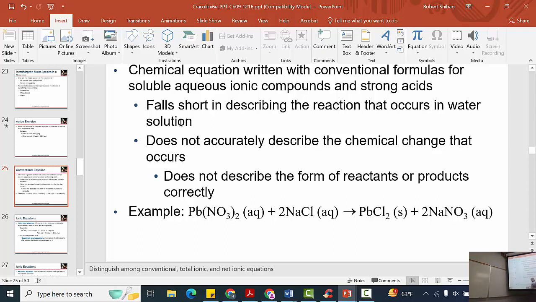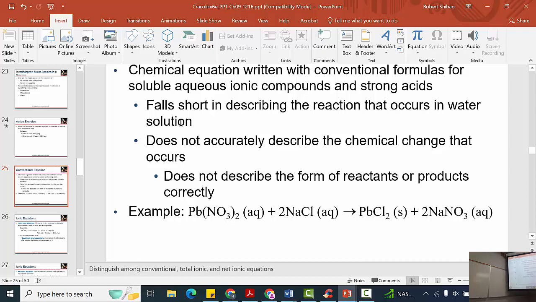So rather than pairing lead with nitrate, we're going to pair lead with chloride and sodium with nitrate and see if any of these are favorable. What makes a favorable combination? Something that will precipitate, that is, an insoluble solid. All nitrate salts are soluble, and all sodium salts are soluble, so the ions are going to be distributed in solution, with translational motion, kind of independent of one another.